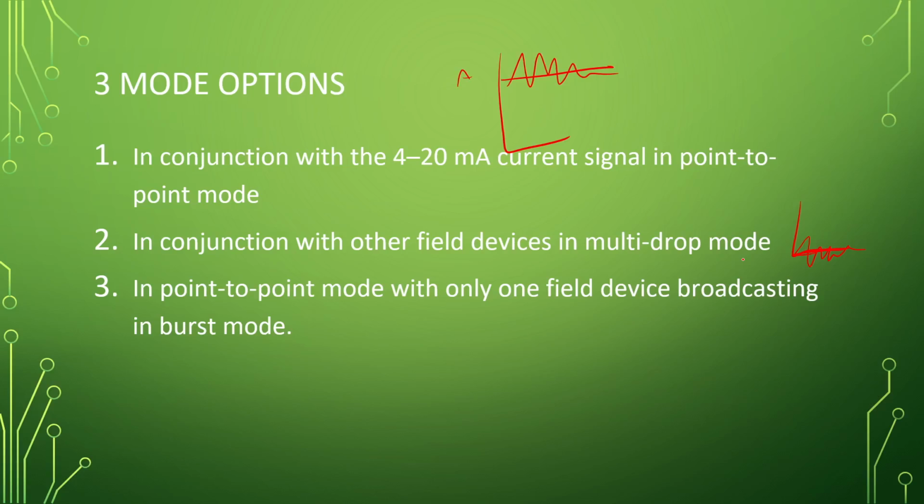Basically, that's your master slave setup. And the third one again is you have just a constant 4 milliamps, and then you're just broadcasting information on top of that. So ever so slightly different. And with the second one, if you set the polling address to a number greater than 0, the HART device just assumes that it's now in a multi-drop environment. So it again kind of doesn't expect the analog information.